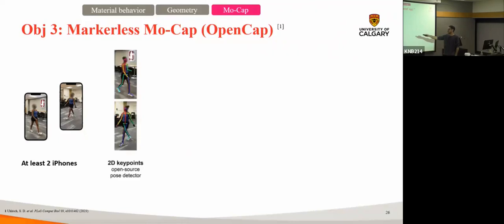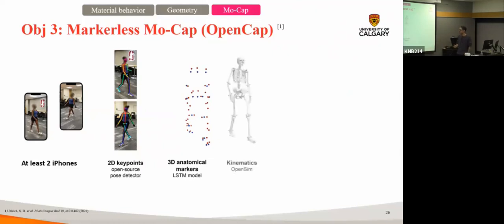In the first step, it uses one pose detector. Right now the options are HRNet and OpenPose, these 2 pose detectors. What they do is track the 2D key points in each time frame. Then in OpenCap, there is a machine learning algorithm that converts these 2D points from each camera to 3D markers.